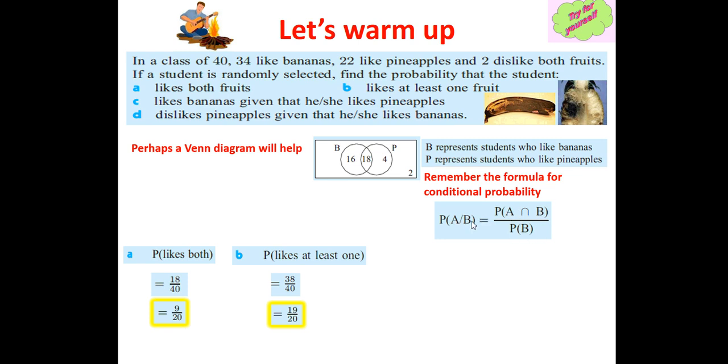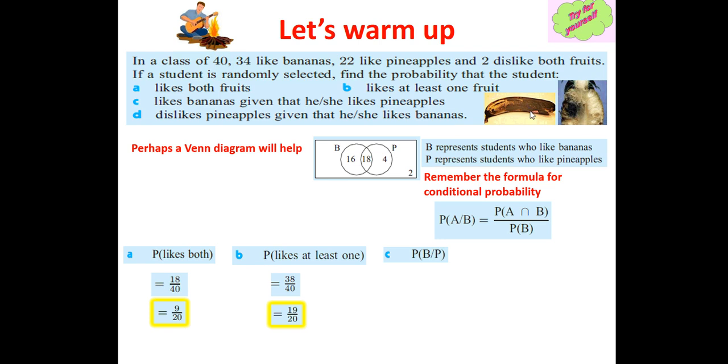So notice that the thing that is given that has to be the B. So what's given that? Given that they like pineapples. So B is pineapples in this case. So probability that they like bananas, given that they like pineapples. So it's not P given that B, it's B given that P, according to the grammar.